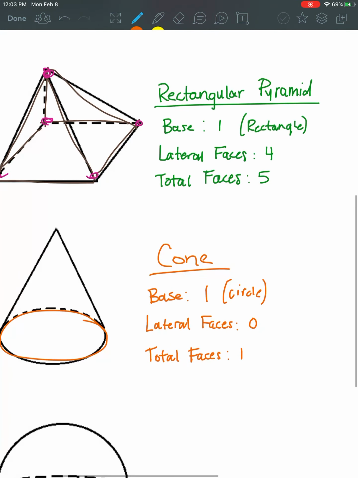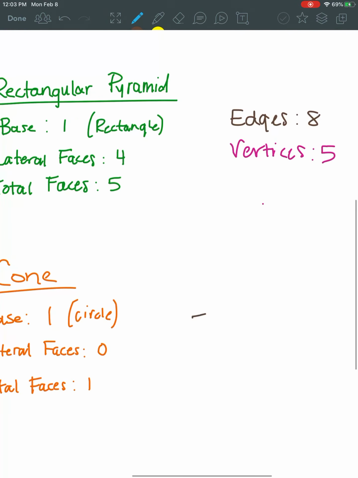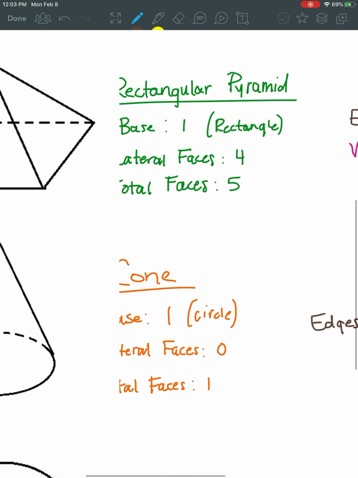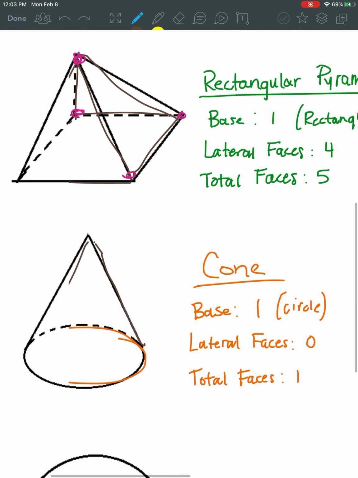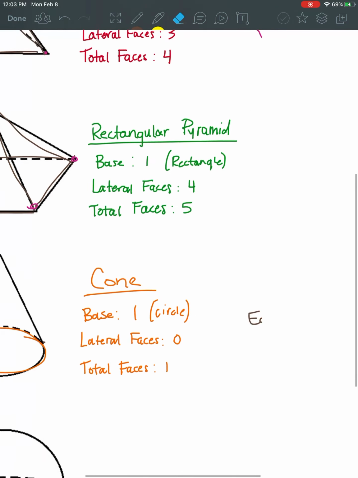Okay, edges, again, they have to be straight lines. That bottom connecting there is curved. Same with these edges here. So the edges is 0 because they have to be straight lines where 2 faces are coming together. Well, that doesn't fit our definition, those 2 sides there, because those aren't faces.